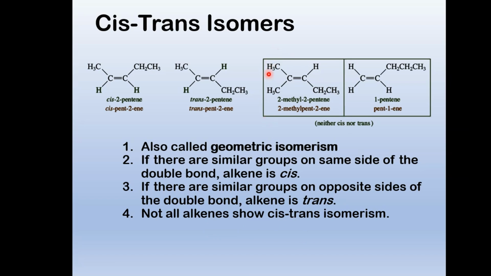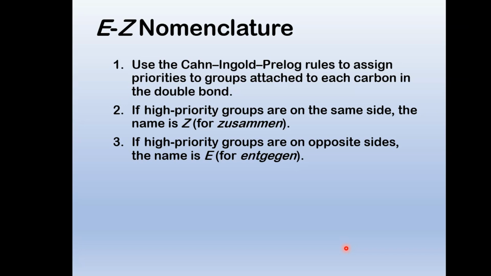You have to have 2 different groups here and 2 different groups here. Since these 2 methyl groups are the same, you don't have cis-trans isomerism. Since these 2 hydrogens are the same, you don't have cis-trans isomerism. So we're going to encounter things that we can't just use cis or trans to give them a name.